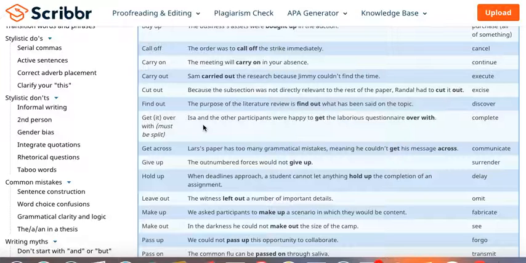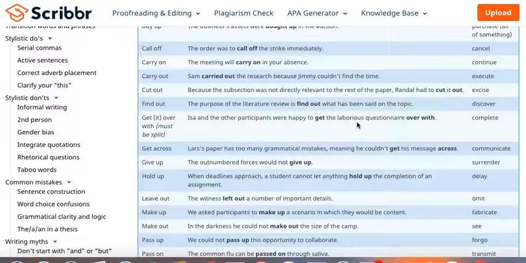Get it over with. Must be split. Split means separated. Isa and the other participants were happy to get the laborious questionnaire over with. In the middle, you have the laborious questionnaire. Laborious means it's hard work, perhaps a bit tedious.